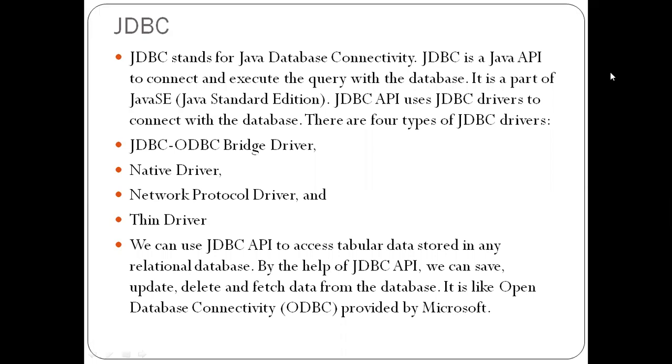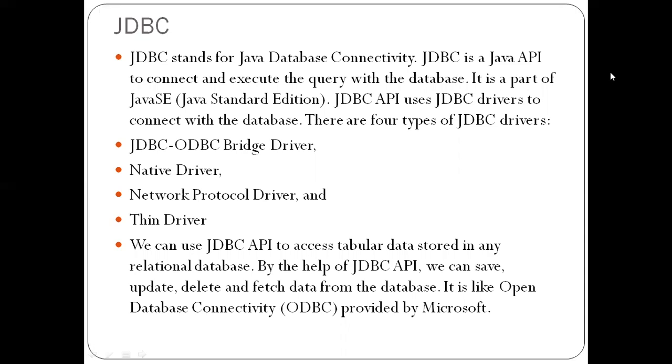The ODBC group suggested a set of functions to make a front-end application database independent. This API, that is, the set of functions, was accepted by almost all database vendors because ODBC implementation requires C programming with pointers. The ODBC group was a success and made the front-end application database independent.